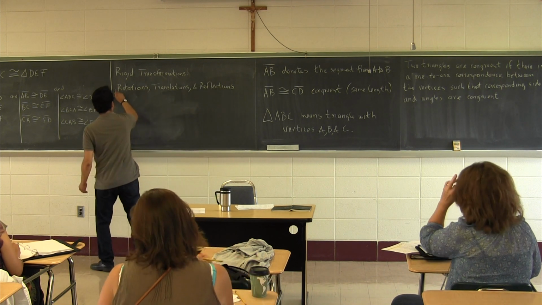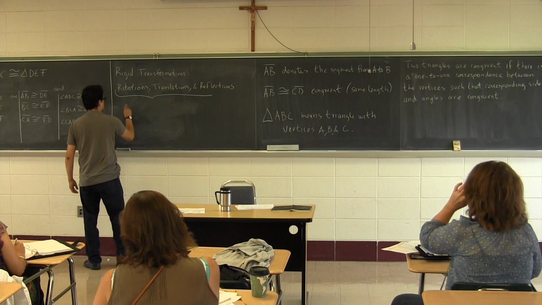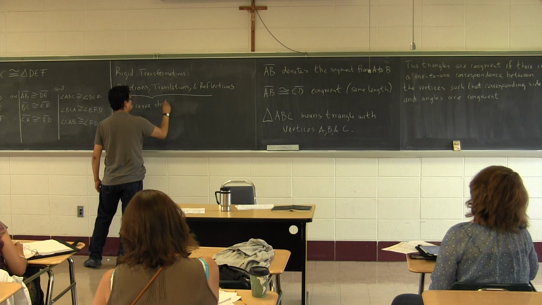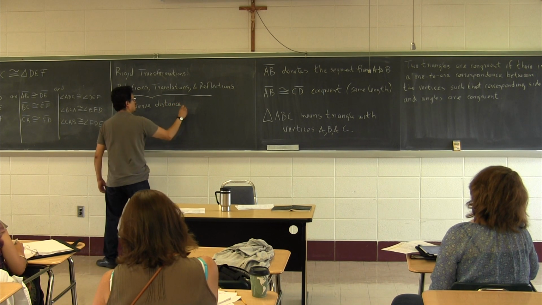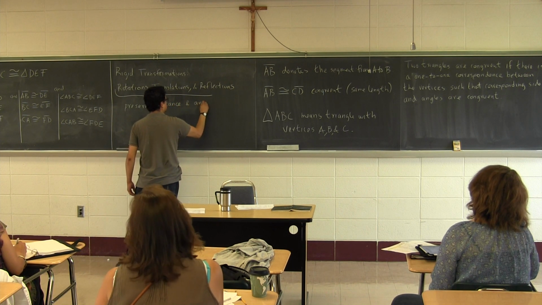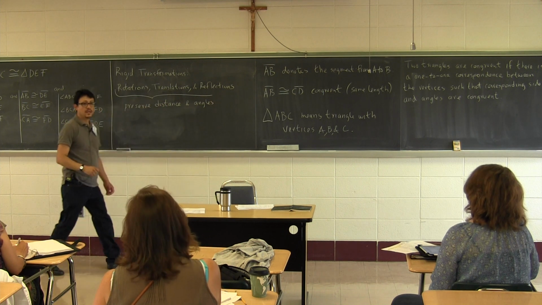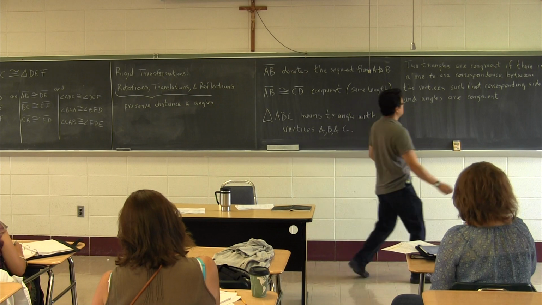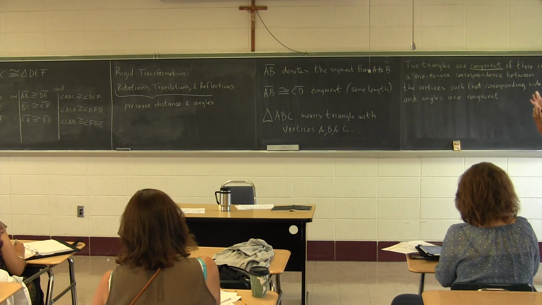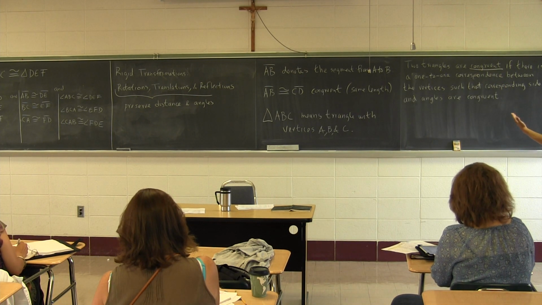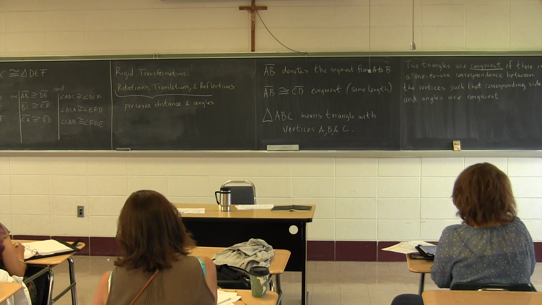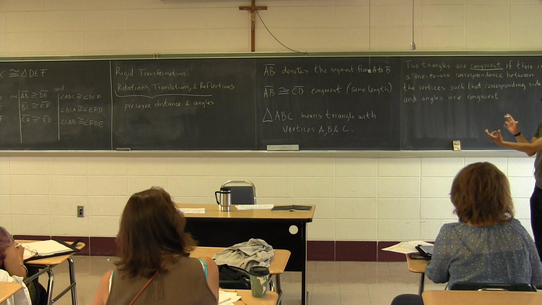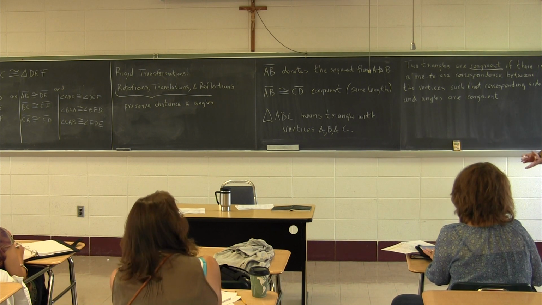So that means that these transformations preserve distance and angles, right? Now here we have a definition of congruency that says that 2 triangles are congruent if corresponding sides measure the same and corresponding angles measure the same, right?